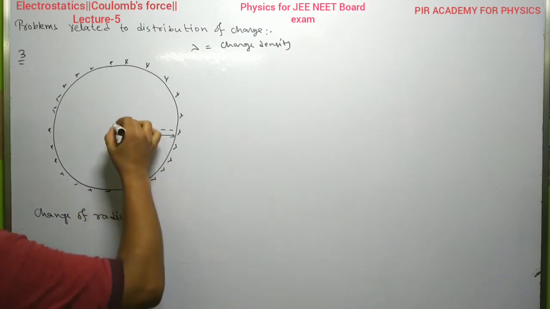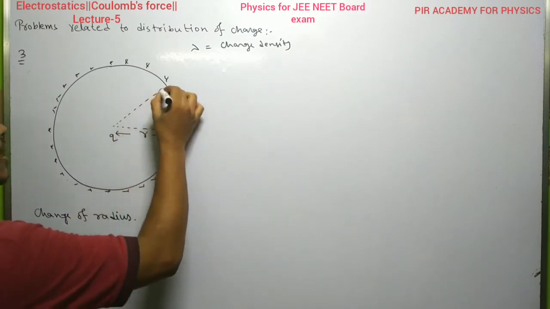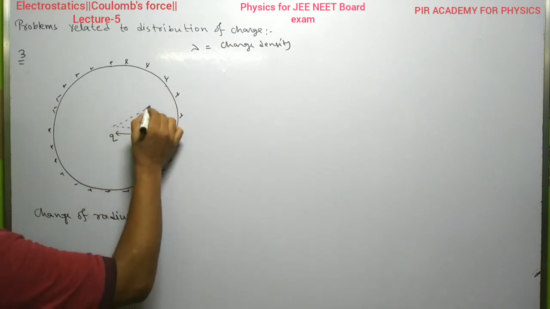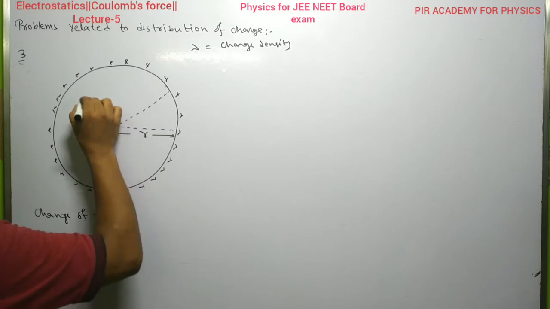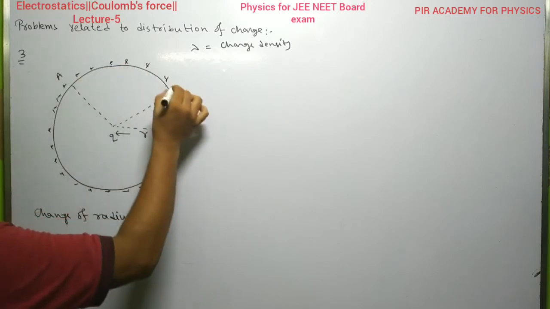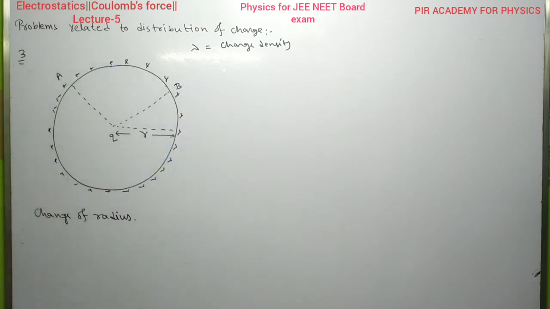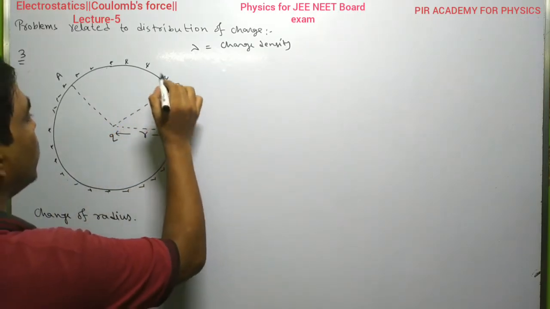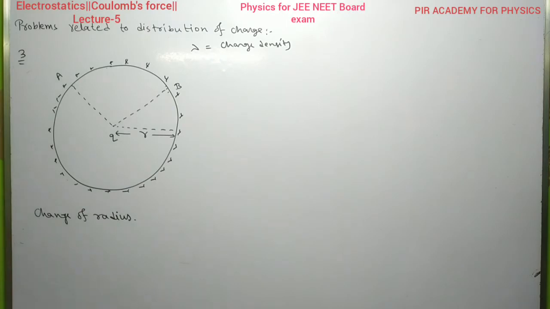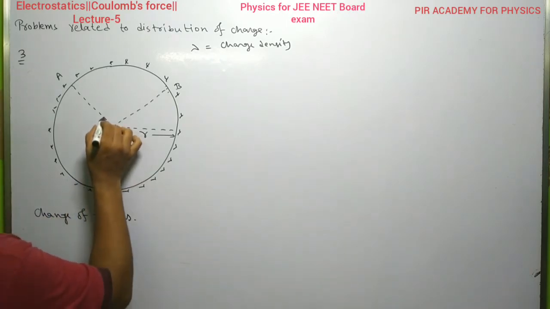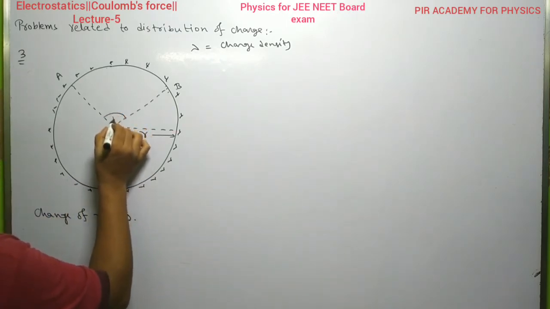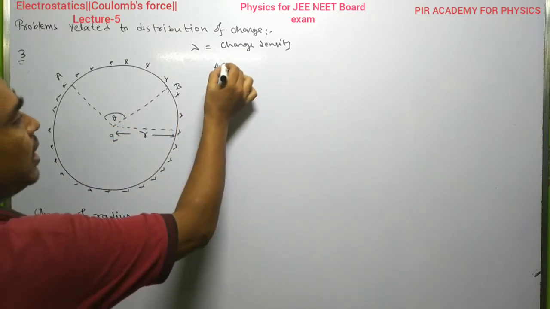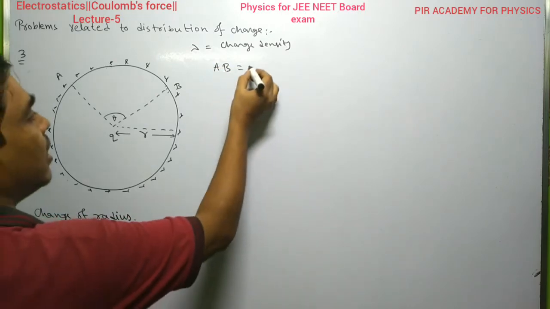If I take an element, here is A and here is B, and this angle is θ, then AB will be r θ.